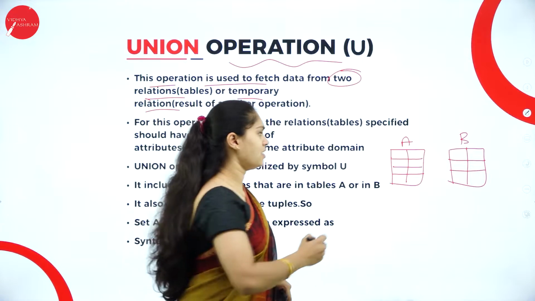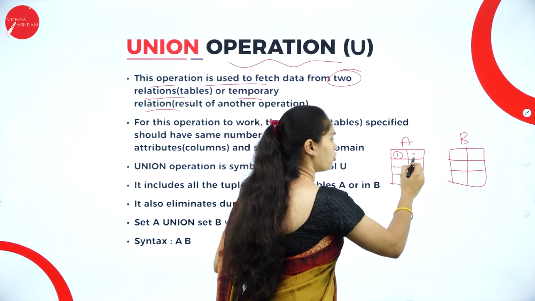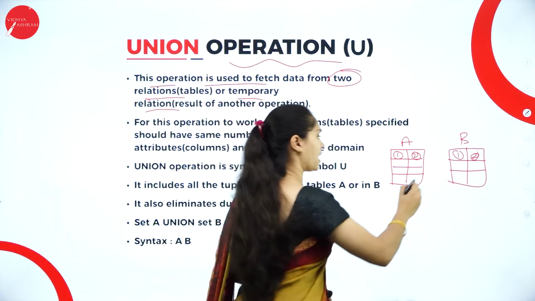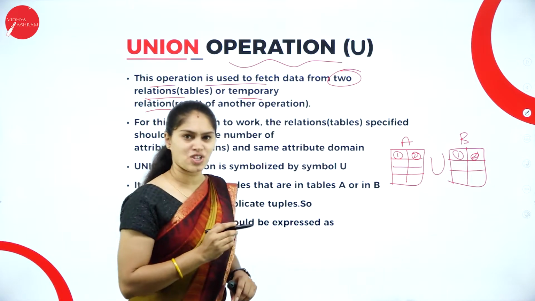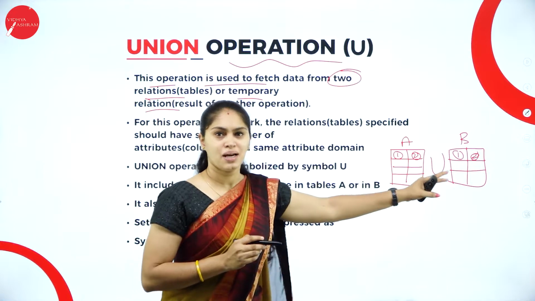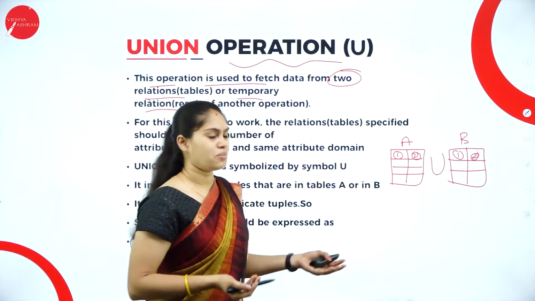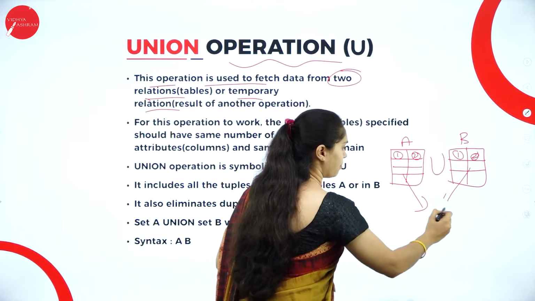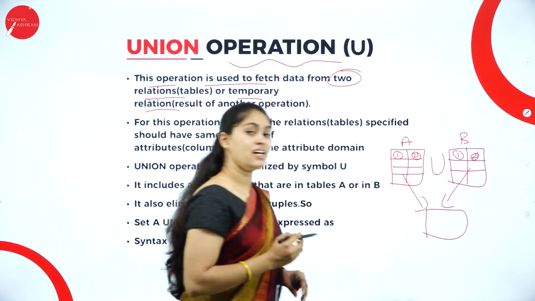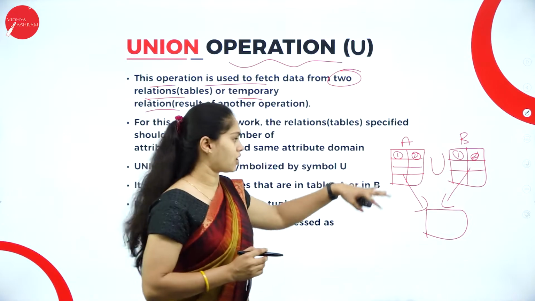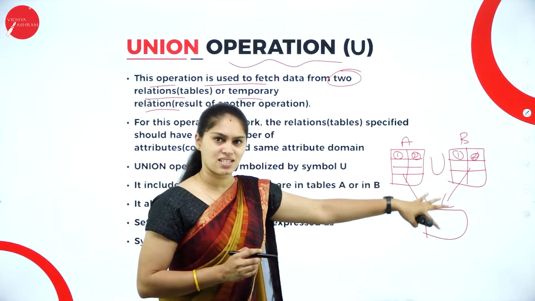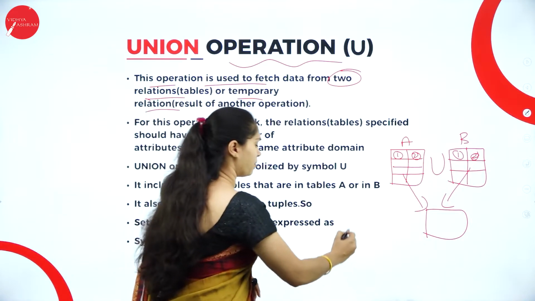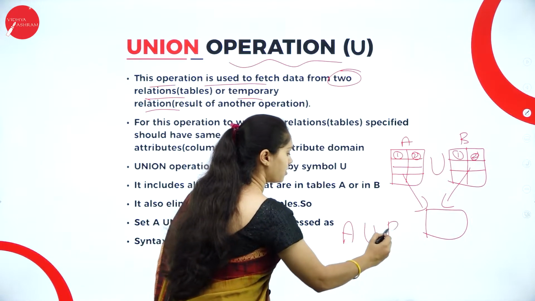So for that reason, it has to comprise 1 and 2. Here also we have 2 attributes or columns, so that I can perform the union operation between relation A as well as B. Whatever may be the content in A will be fetched as well as from B. At last we are going to get the result, that is a combination of A as well as B. So this is regarding the union operation, and the syntax will be like this: A union B.